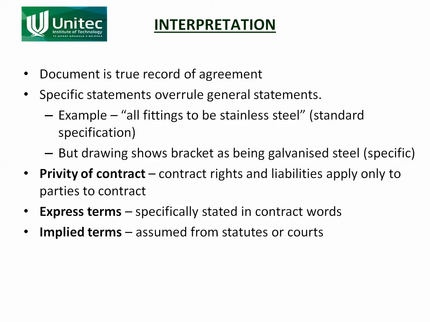It may not say in the contract that you are responsible for the people on the site of work, but there is a law that says you are, so therefore it is an implied term of the contract, and therefore it is part of the contract agreement.